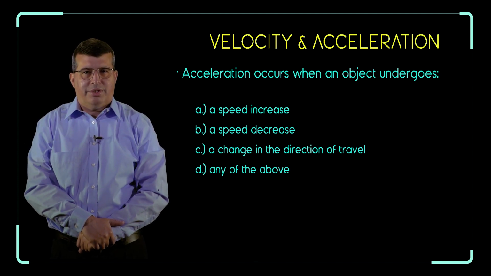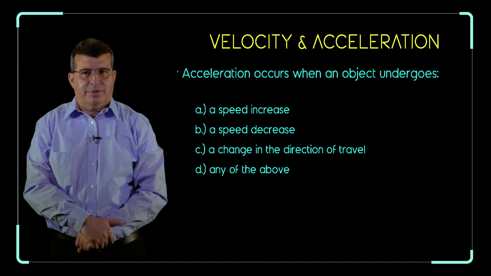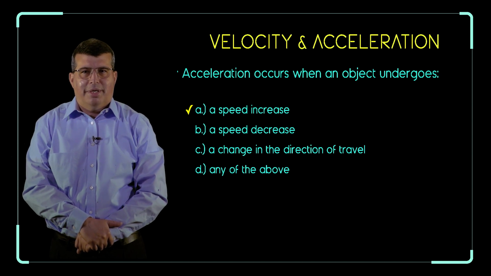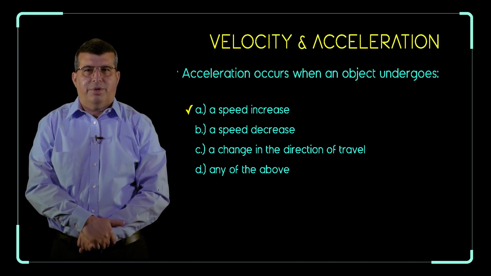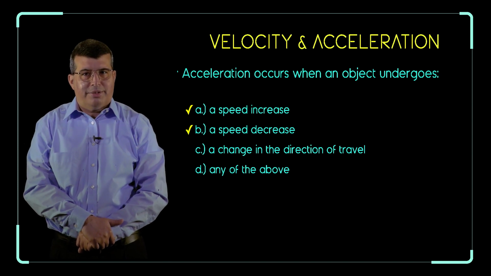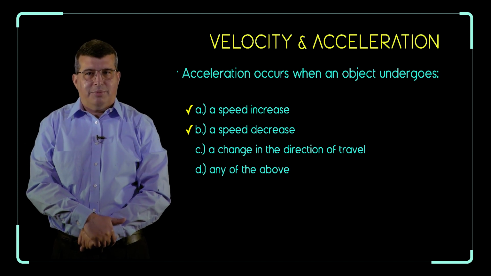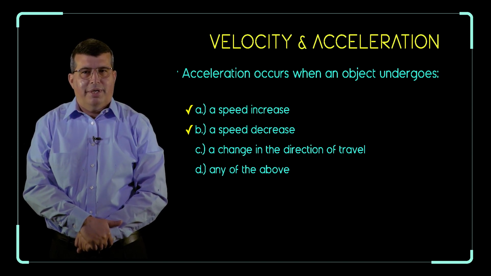So acceleration occurs when an object undergoes a speed increase. That is correct, because an increase in speed is a change in speed. Acceleration occurs when an object undergoes a speed decrease. That's also correct, because a decrease in speed is a change in speed. So those two are changes in speed, so those are acceleration.